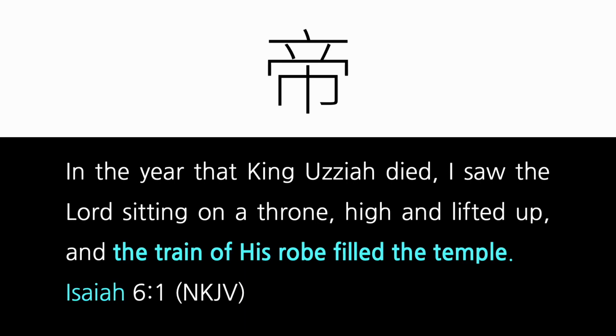"In the year that King Uzziah died, I saw the Lord sitting on a throne, high and lifted up, and the train of his robe filled the temple." Isaiah chapter 6, verse 1, NKJV, New King James Version. Can you see the connection between the character and this particular portion of scripture?